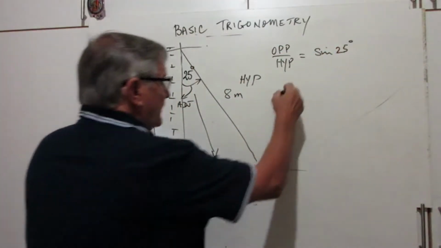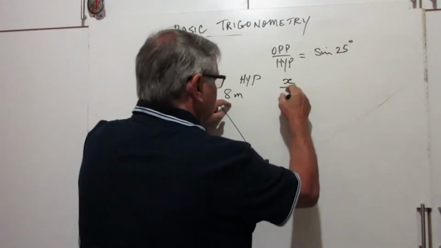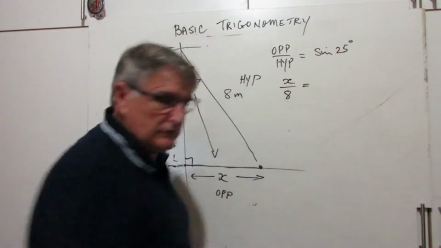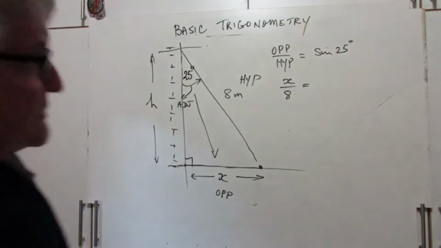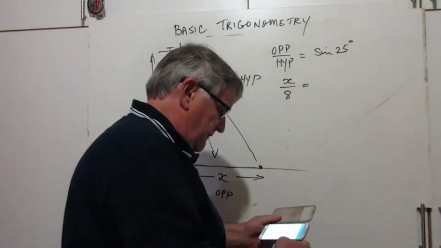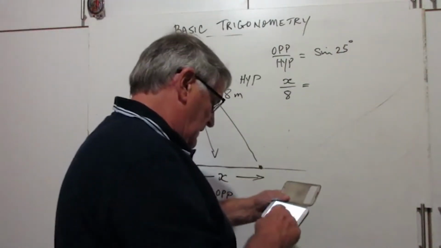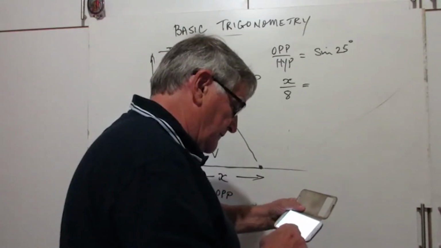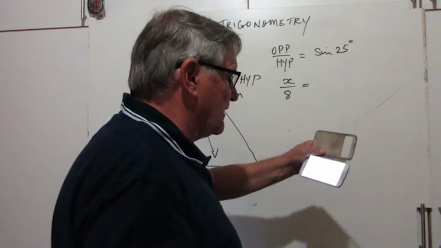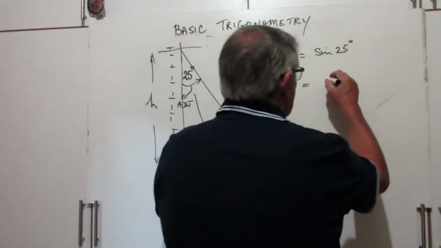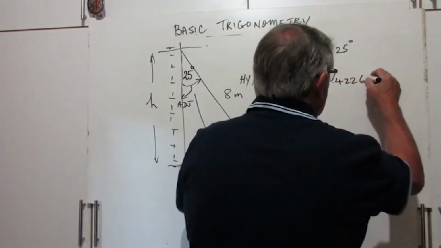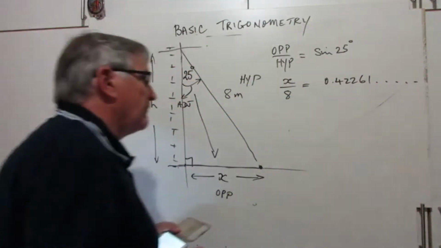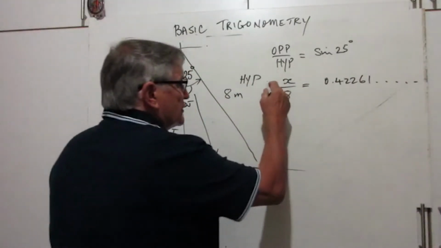So our opposite is x, our hypotenuse is 8, is equal to, now if I quickly get the sine of 25 degrees, sine 25 equals 0.42261, and on forever. Multiply both sides by 8.